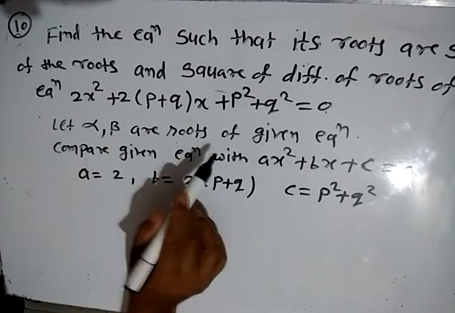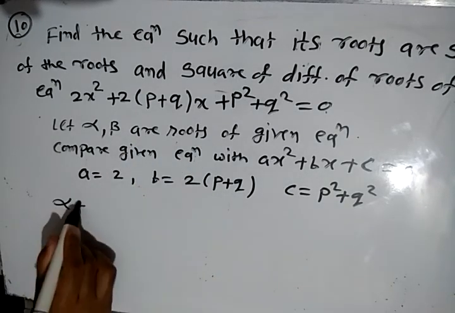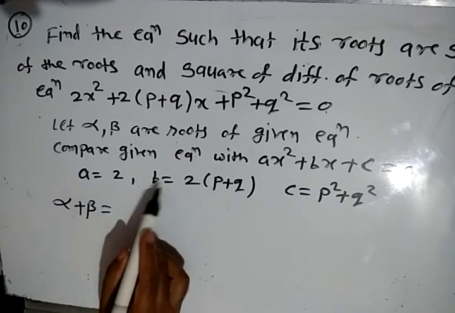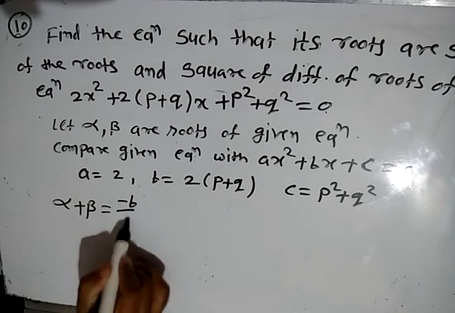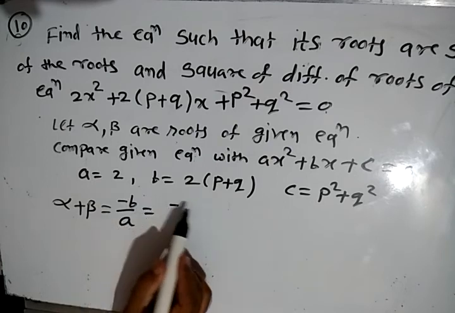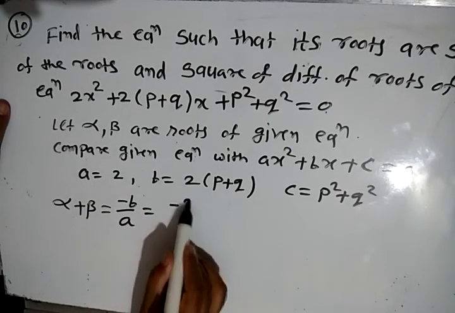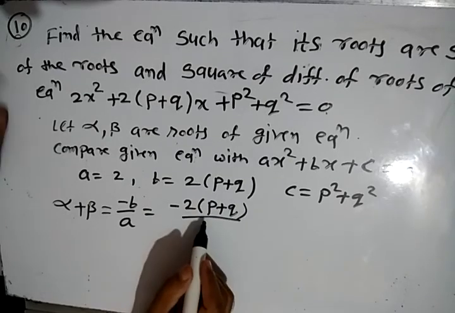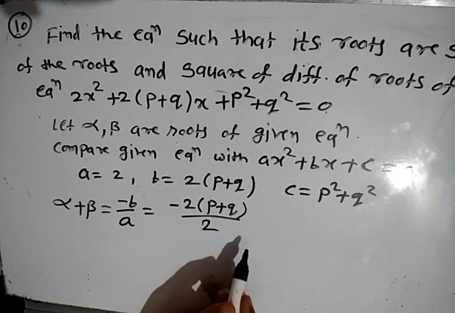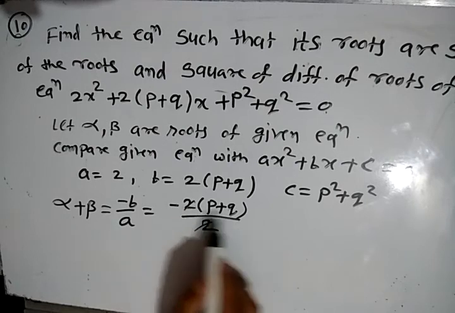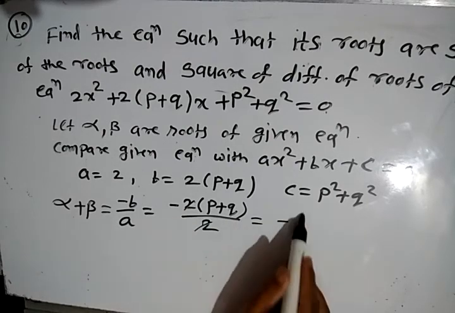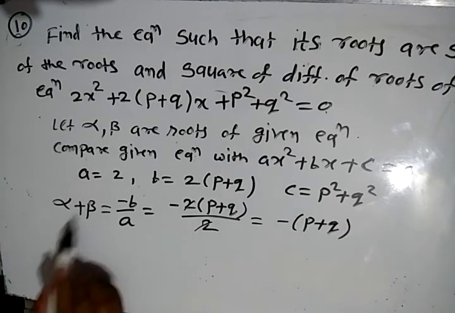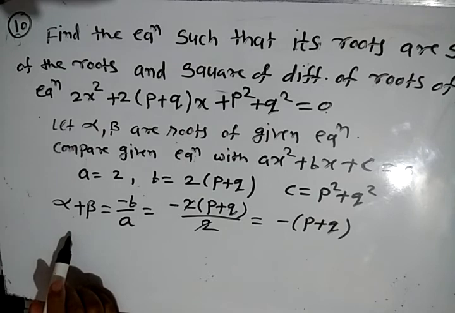If alpha and beta are the roots, then the sum of the roots, alpha plus beta, is equal to minus b upon a. We know b is 2 times p plus q, and a is 2. This 2 cancels and we get minus p plus q. This is the sum of the roots, alpha plus beta, of the given equation.